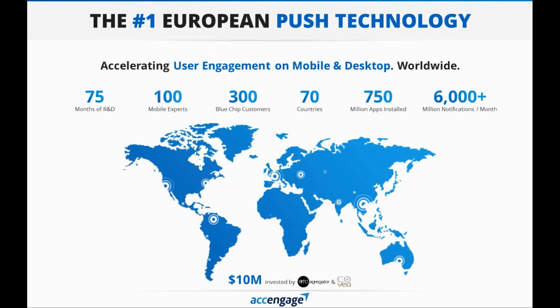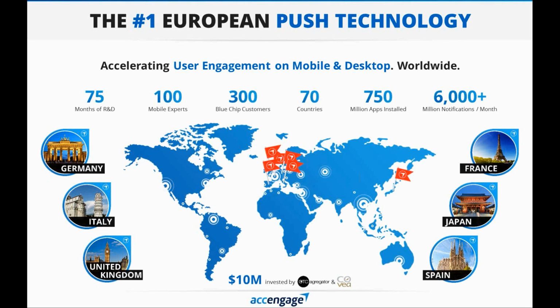So first, a very, very quick word on Accengage. For those who don't know us, we are the #1 European push notification technology. We've been around for more than 6 years now. We're 100 mobile experts. We have more than 300 blue chip customers, and we operate in more than 70 countries.